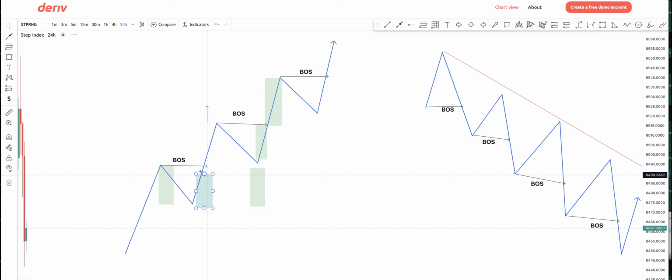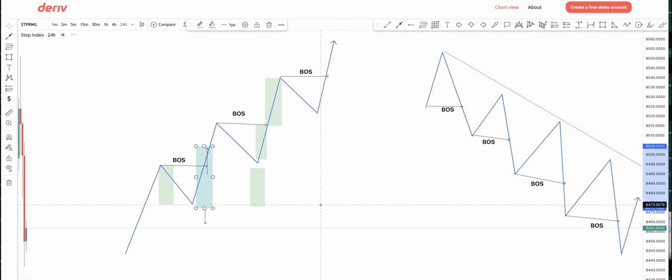If price has broken up this way with a wick, we don't consider this a break of structure. We consider this an invalid break of structure unless price closes above with a body. That is when we consider this break of structure as valid.